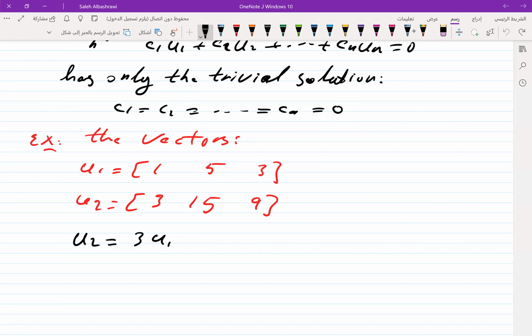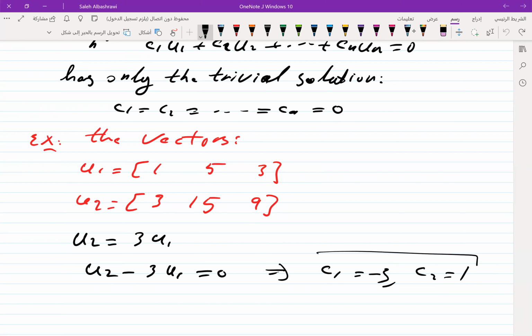It means if we can write one of the vectors as a constant multiple of another vector, we call these linearly dependent. Otherwise, it will be linearly independent. So u2 minus 3 u1 equal to 0. That will give me c1 equal to minus 3 and c2 equal to 1, which are not equal to 0.